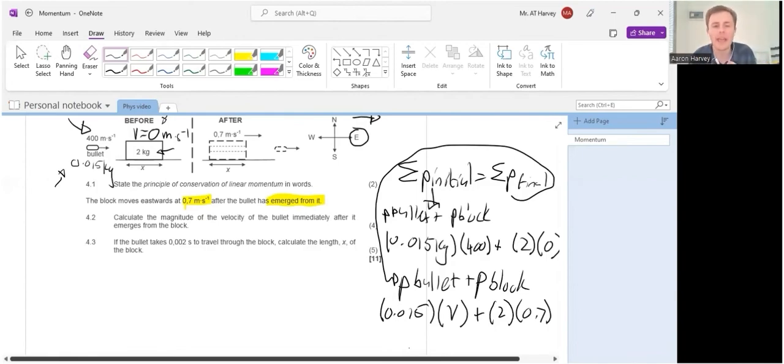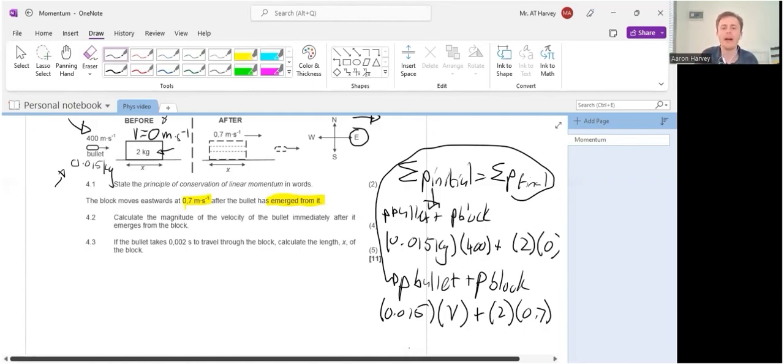Just remember that whatever direction you assign a sign to, so in this case, I've assigned east as positive, you need to stick with that throughout. You can't halfway through the question decide that, oh no, you want east to be negative for this value. No, because if you have assumed that east is positive, any negative value when it comes to a velocity will actually indicate that your object is going west.